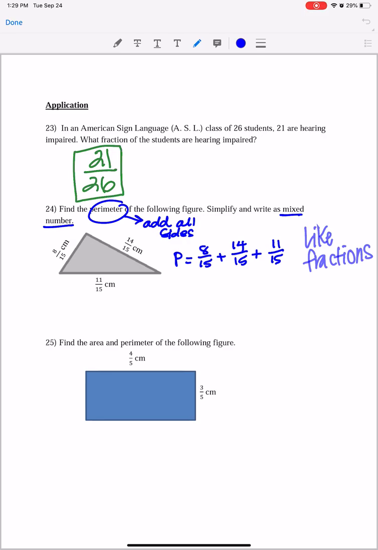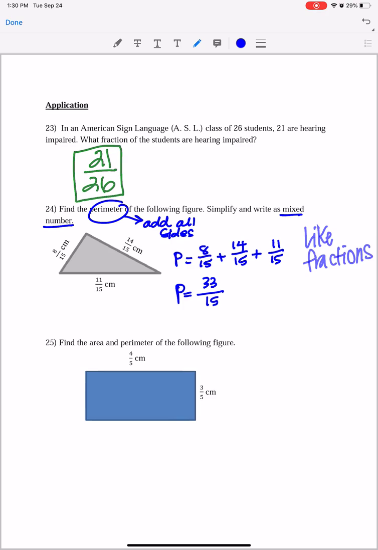So my perimeter then will stay all over 15 and add up your numerator. 8 plus 14 is 22. And then 22 plus 11 is 33. All right, we're close to done.